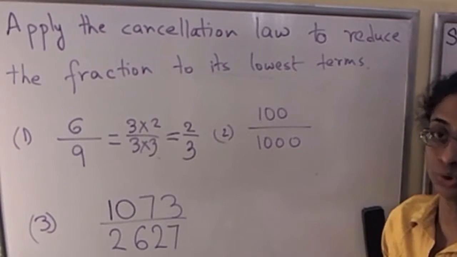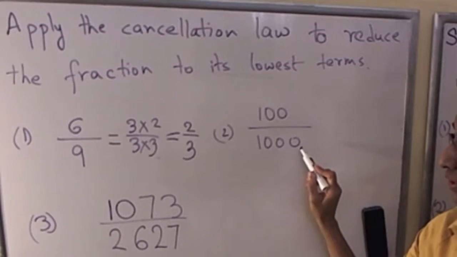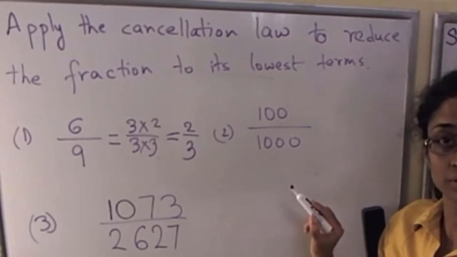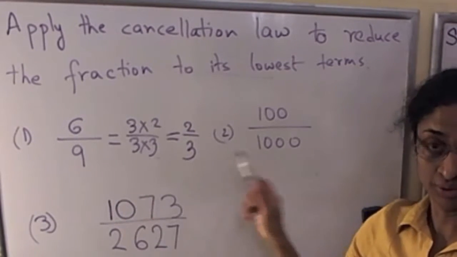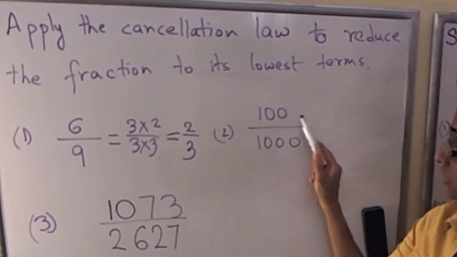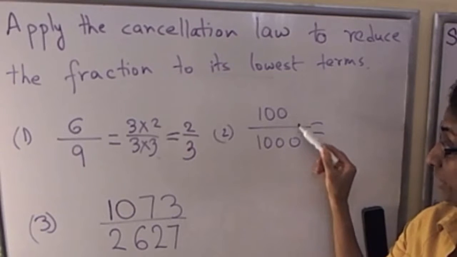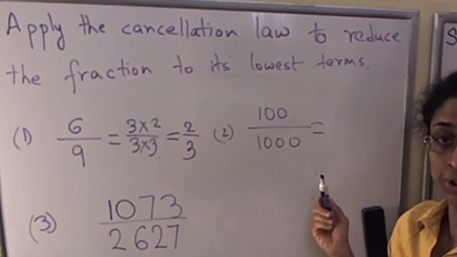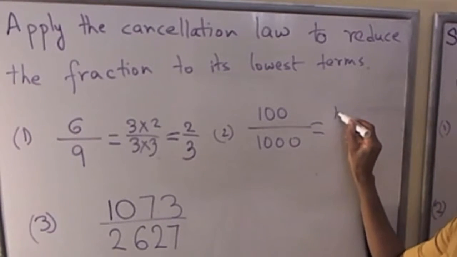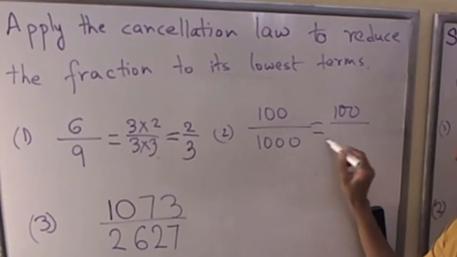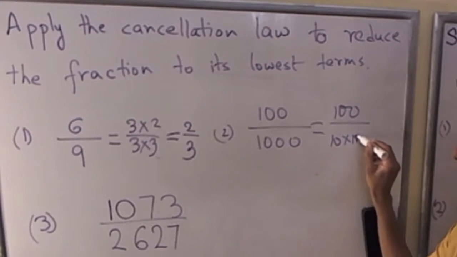So let's look at number 2. 100 over 1000. Now here the numbers are not small like 6 and 9. They're big, and even so, because of these zeros, we do see a common factor between the numerator and denominator pretty much right away. Why is that? We recognize the denominator as 10 times 100.